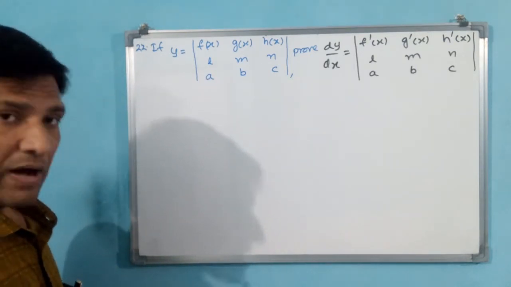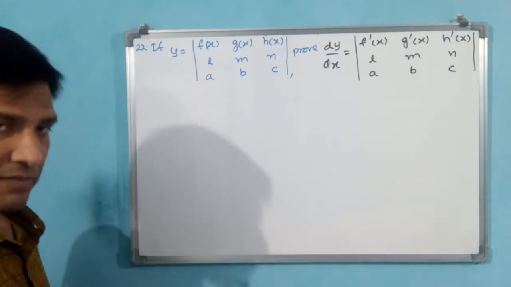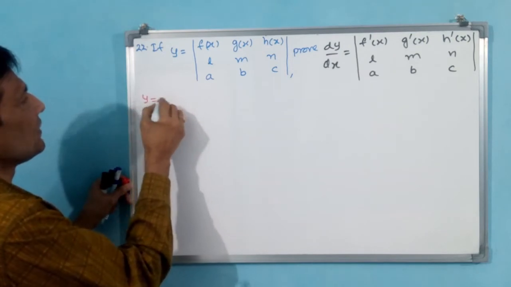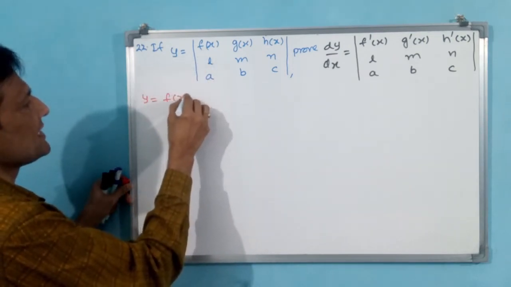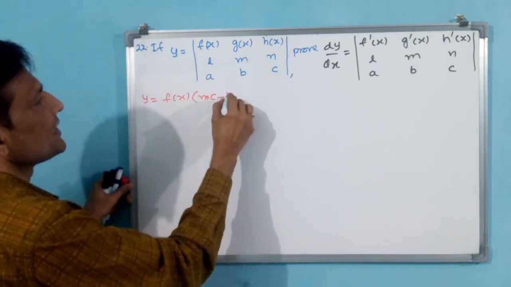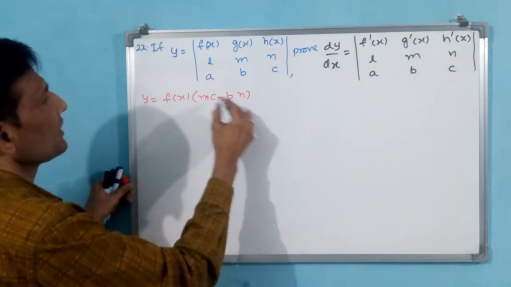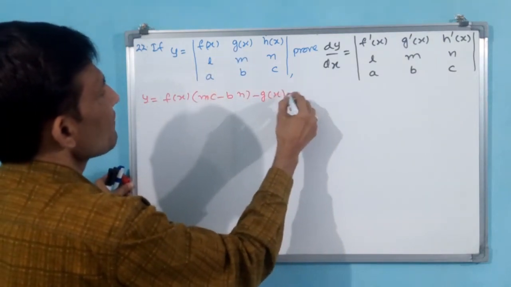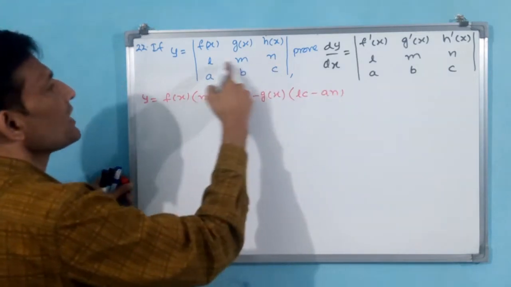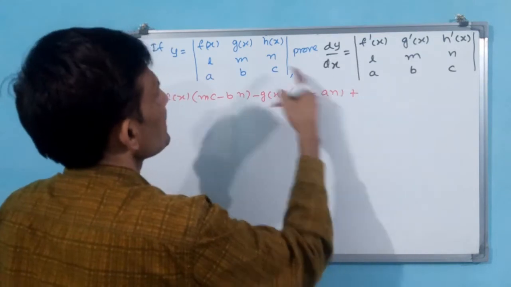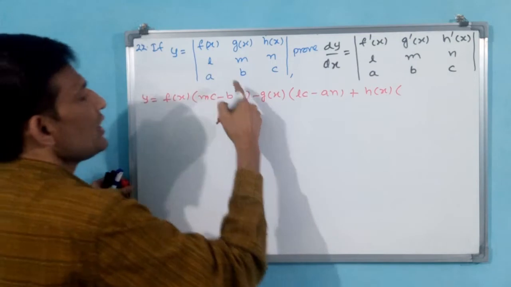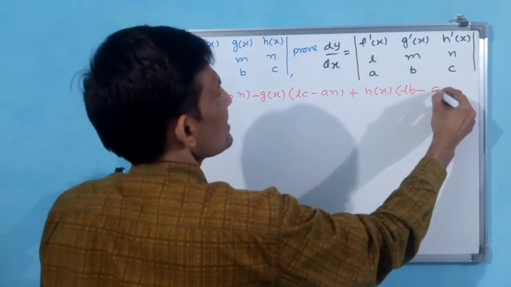Okay. You see what I am writing? Observe carefully. Okay. See, y is equal to f of x into (mc minus bn), minus g of x into (lc minus an), plus h of x into (lb minus am).